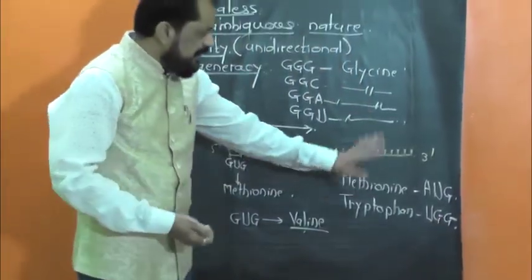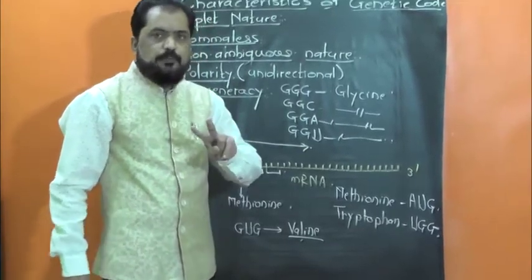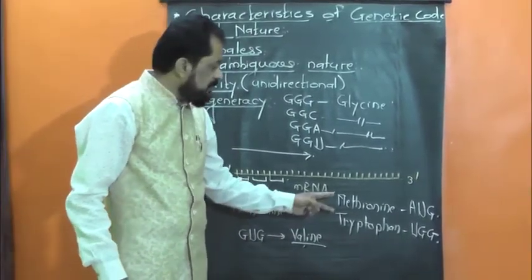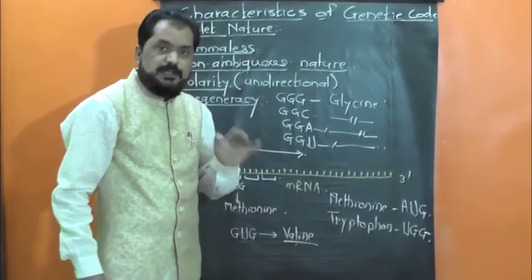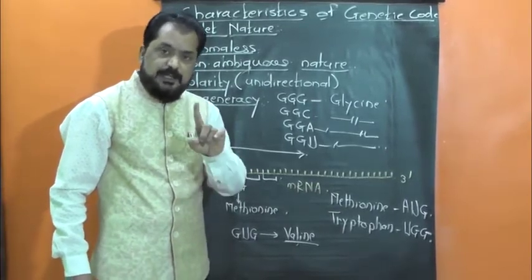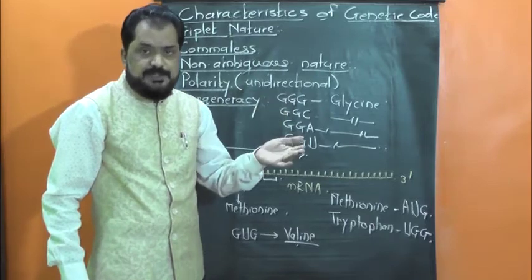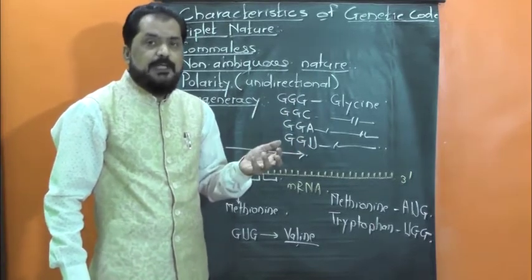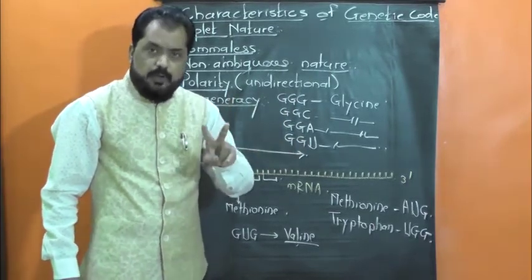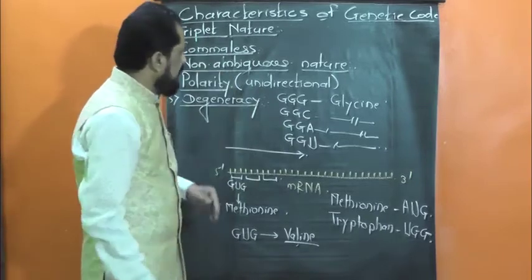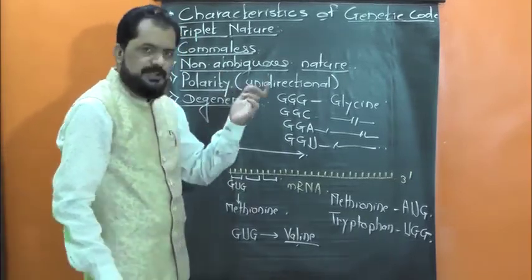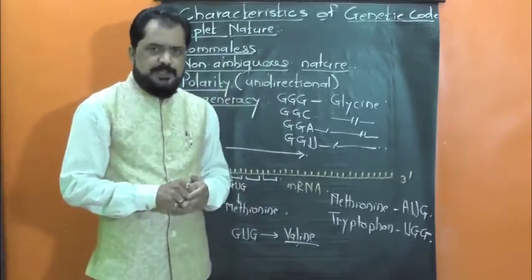These are exceptional cases. म्हणजे एकूण 20 अमायनो ऍसिड पैकी हे असे 2 अमायनो ऍसिड्स आहेत की ज्यांना स्पेसिफाय करणारे एकच कोडॉन आहेत. बाकी 18 अमायनो ऍसिड्स can be coded by more than one codon, and this characteristic is known as the degeneracy. Genetic code is degenerate.